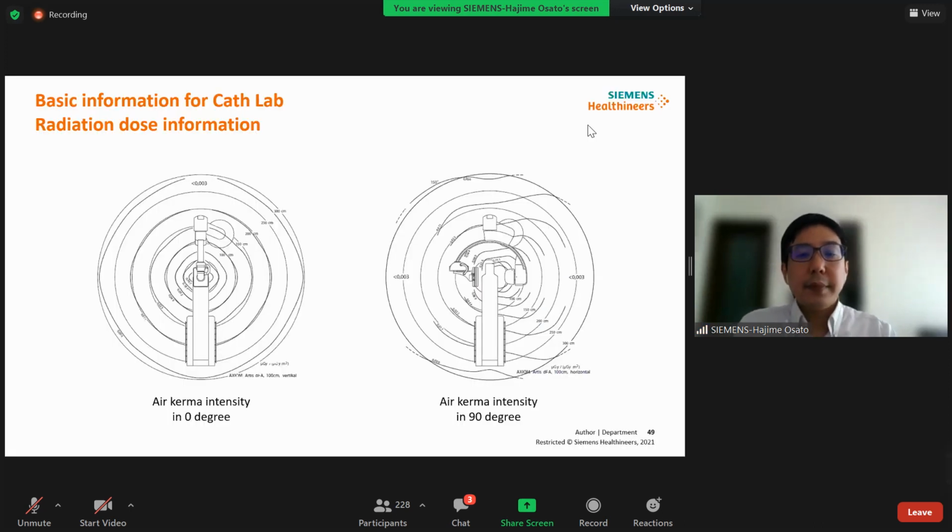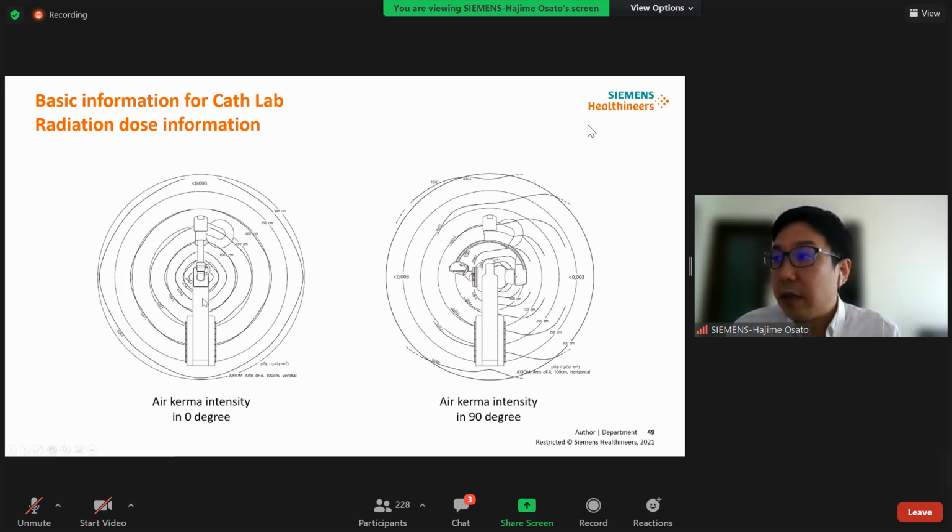All right. This figure shows air kerma intensity at 0 degrees and 90 degrees. At 0 degrees, the X-ray is exposed from the posterior side to the anterior side of the patient, so the air kerma intensity is evenly distributed.